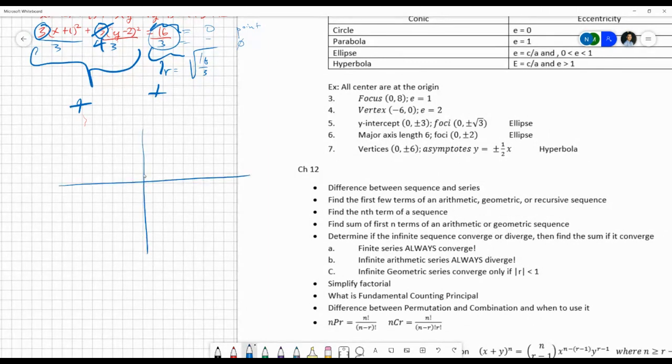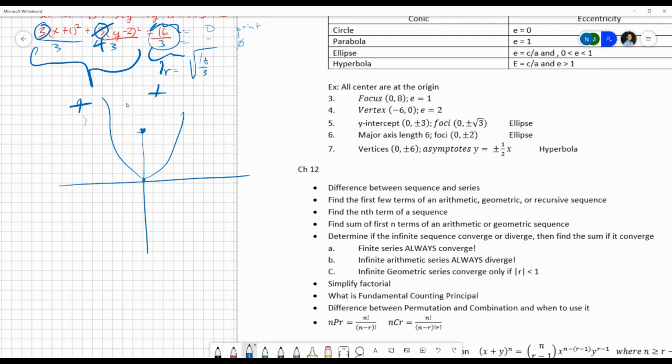So where is (0, 8)? Let's say right here is 8. We're going to have a parabola, and the center is at the origin. So this means the major axis is parallel to the y-axis. And because it's (0, 8), it's going to open up.